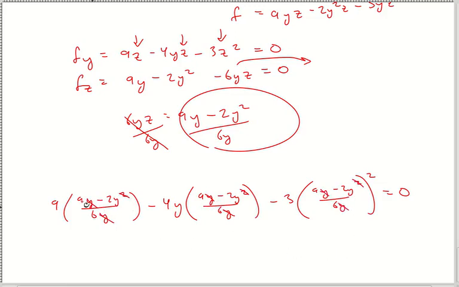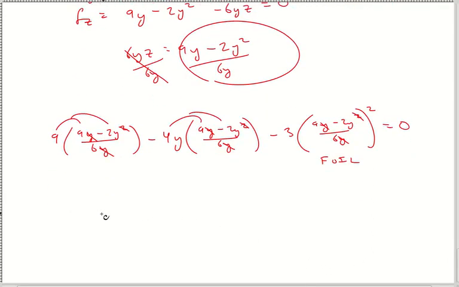That's good. This one here, you're going to want to distribute your 9, distribute this thing, and here you need to FOIL it first. So basically when I toss this in, I got 9 times 9 divided by 6. I simplified it a lot more on my paper beforehand, and it came out a little bit nicer.